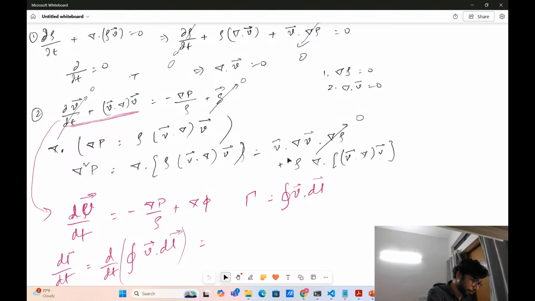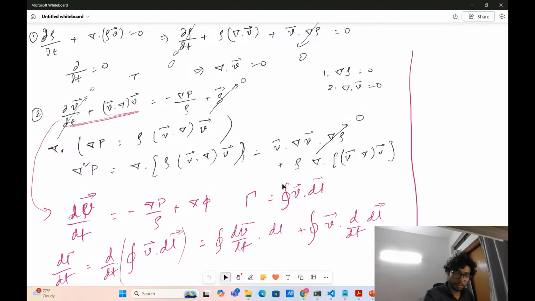By applying the chain rule, you will have dv dt dot dl plus v dot d dt of dl, right? This is what you will have.